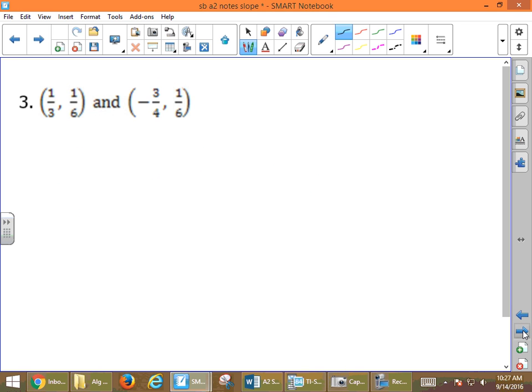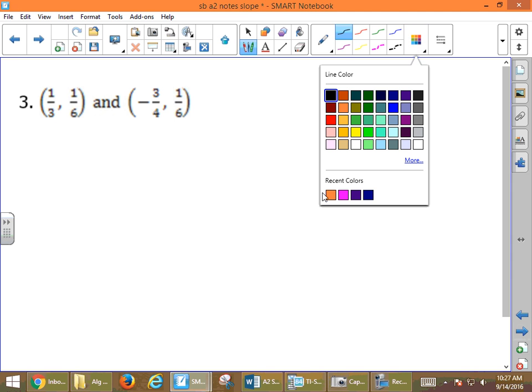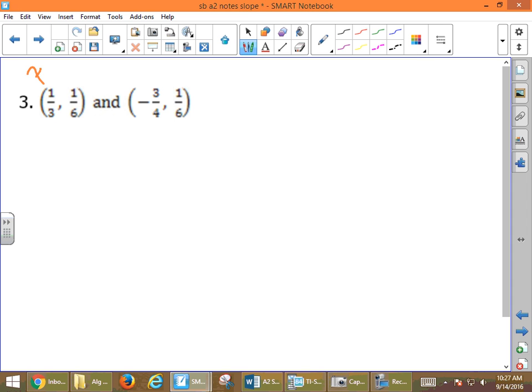So, problem number 3. Let's label. It's a little bit blurry. But here's x1 and y1, x2 and y2. If you don't like the fractions, most of you have your calculators out, so that should be helpful.